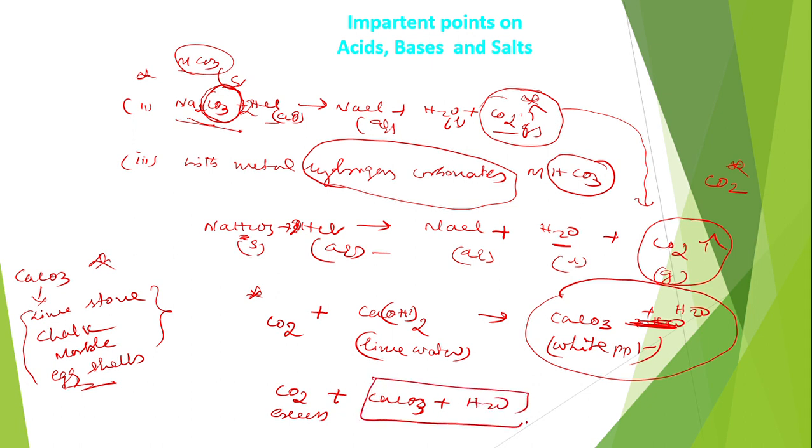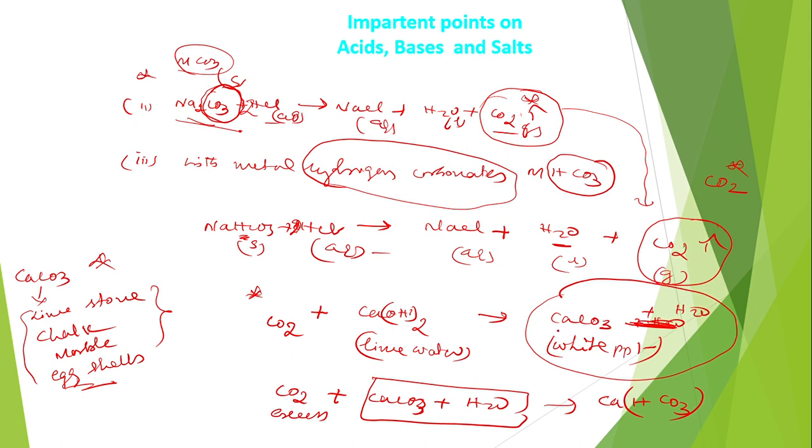You are passing excess carbon dioxide to calcium carbonate and water. What you will get? You will get calcium hydrogen carbonate, calcium hydrogen carbonate.